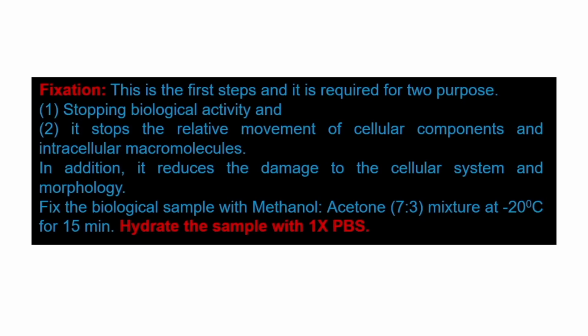If we want to capture a picture of it, we have to first stop everything that is happening, stop all the movement, and then we can proceed. So it stops the biological activity and the relative movement of the cellular components and intracellular macromolecules. In addition, it reduces the damage to the cellular system and morphology, because now the things are fixed, so they cannot get damaged easily.